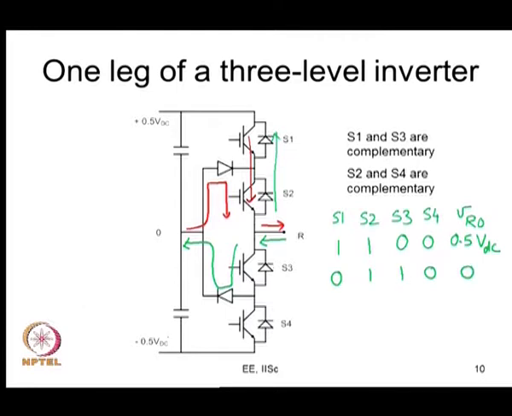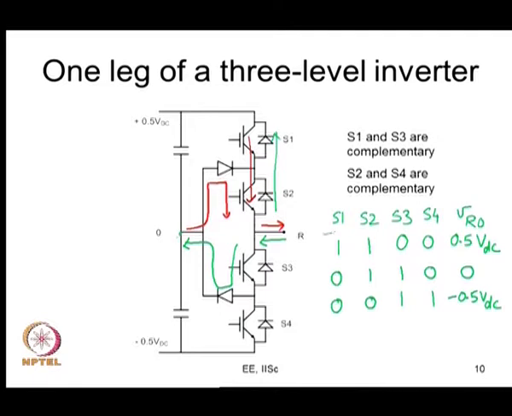So the pole is getting connected to the DC bus midpoint. Again you have another possibility: S1 and S2 are off and S3 and S4 are on. In this case, you are applying minus 0.5 VDC at the pole, measured with respect to this point O.